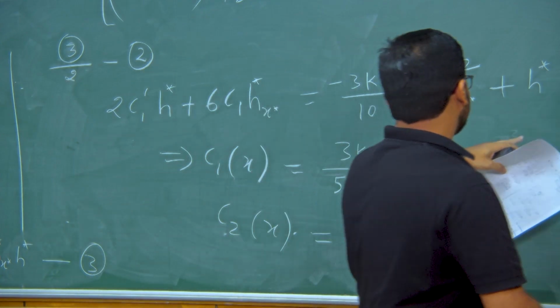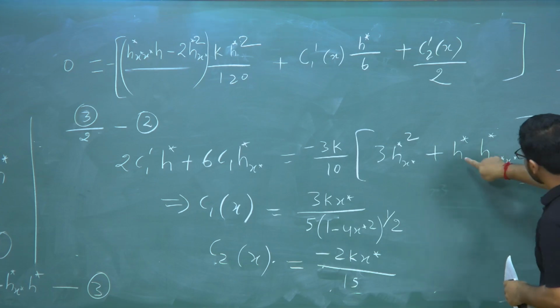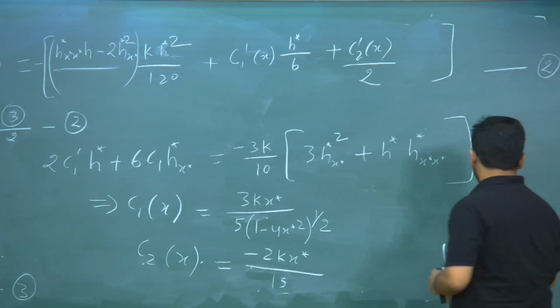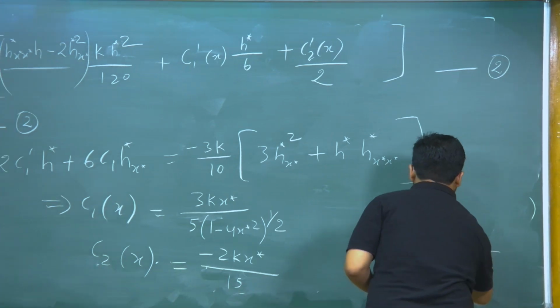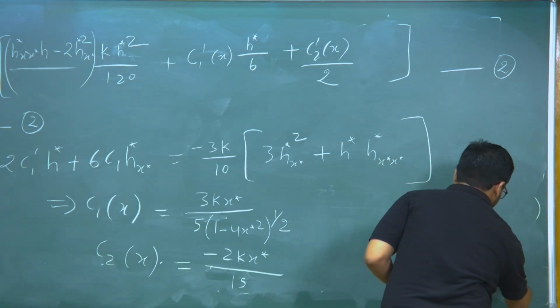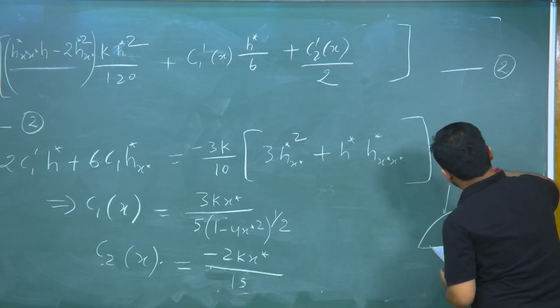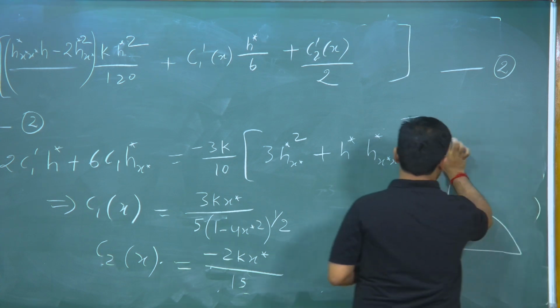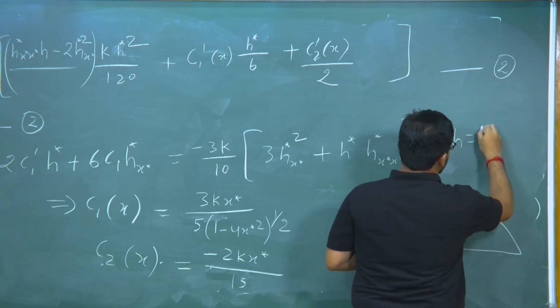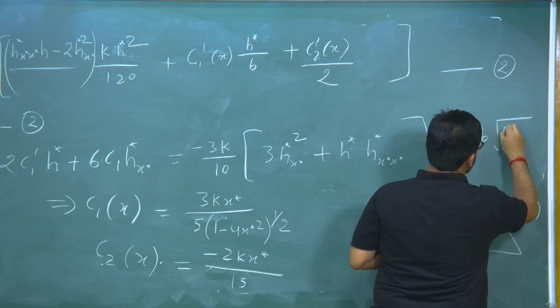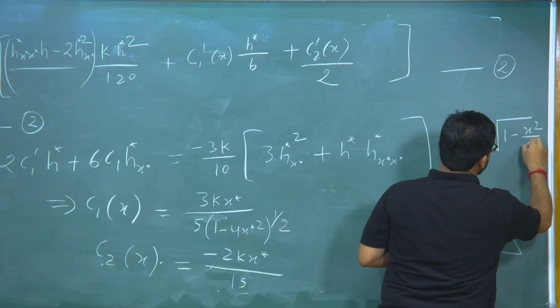One additional thing is, to solve this equation you will need h star. So, I will write here the expression for h star, the equation of the corneal surface. So, h in dimensional form is b into root under 1 minus x square by a square.